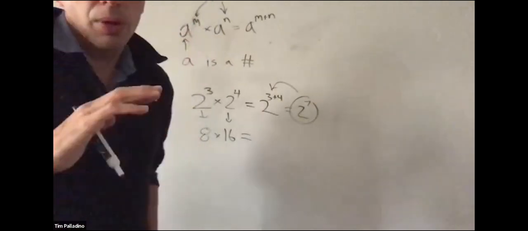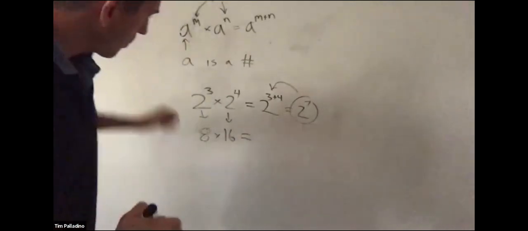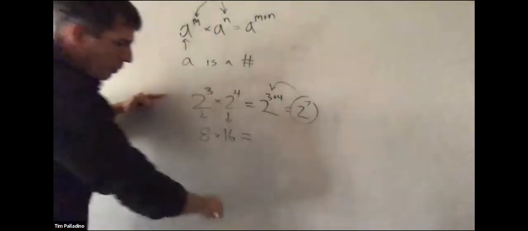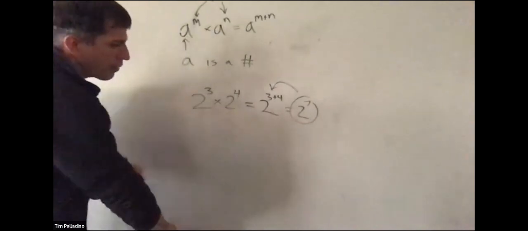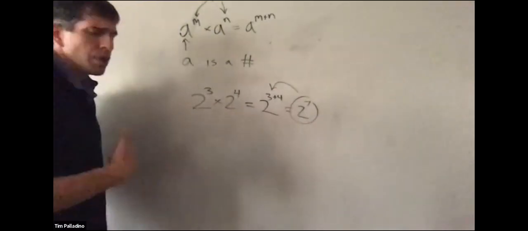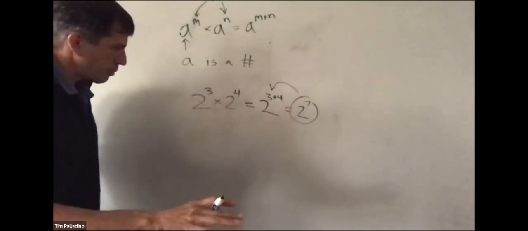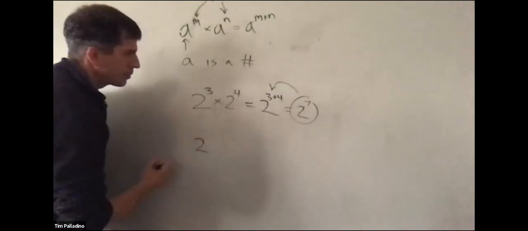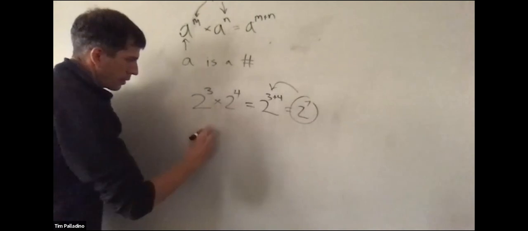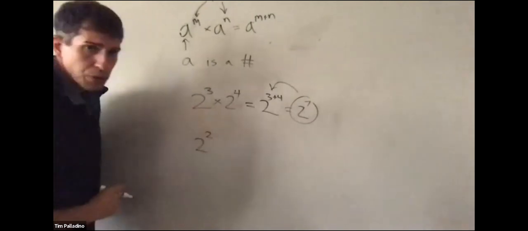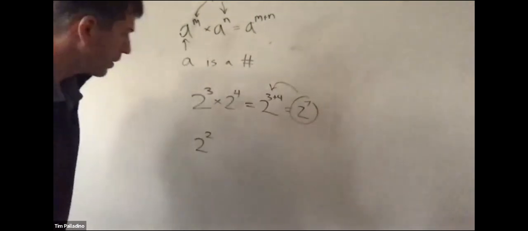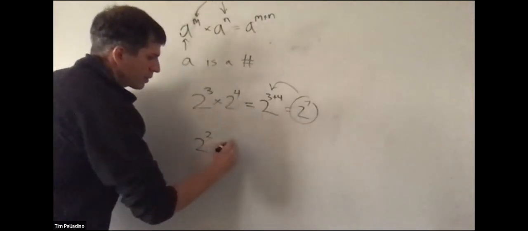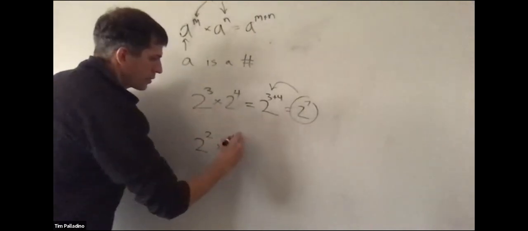Okay. So what I want to do is show you one. This is an example that works. Now, what I want you to be careful about is a separate example. Let's keep the numbers easy. Let's say I do 2 squared times 3 squared.